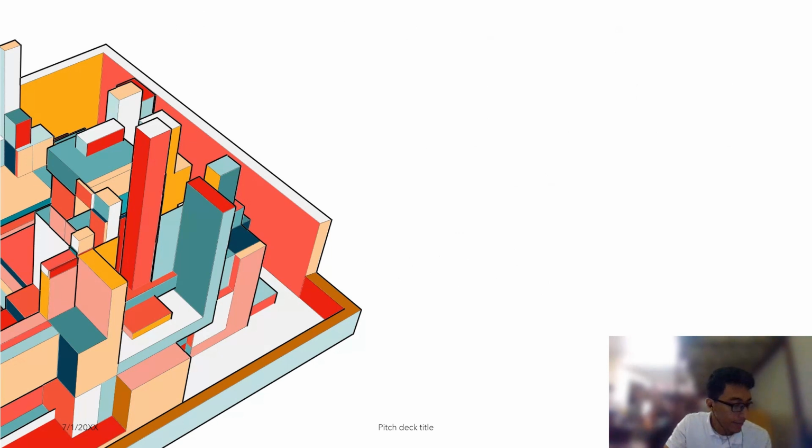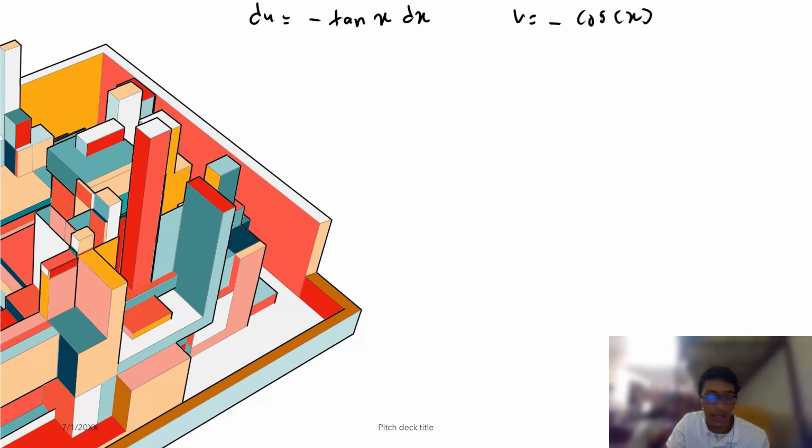So from the previous slide, we got the answer du equal to negative tan x dx. Then our v is negative cos x. So from here, we put the equation into the formula that I told earlier, that's uv minus integral v du.